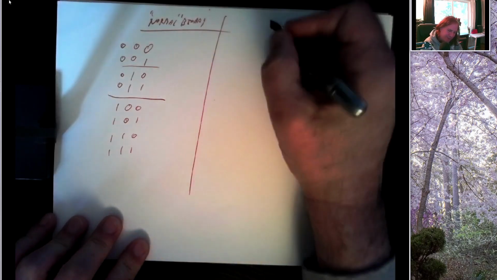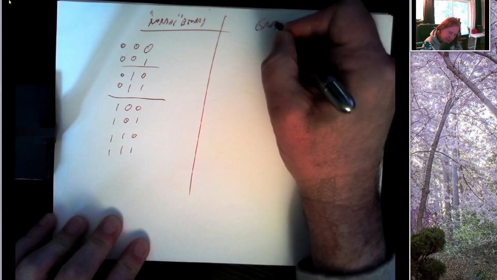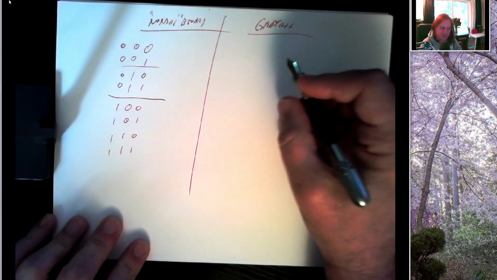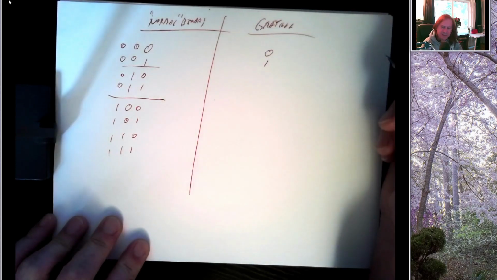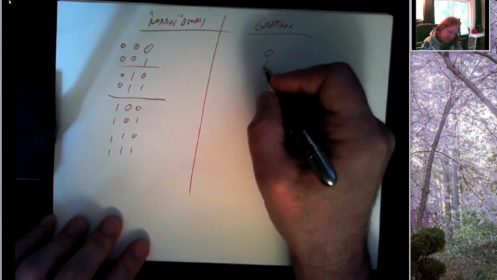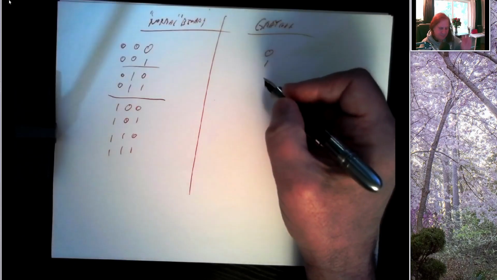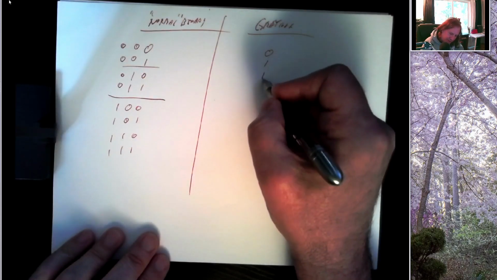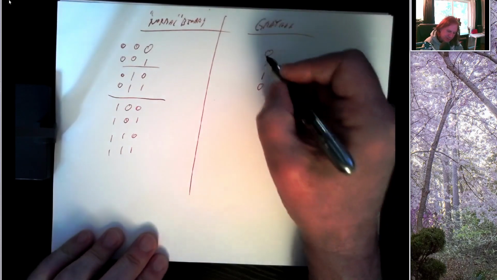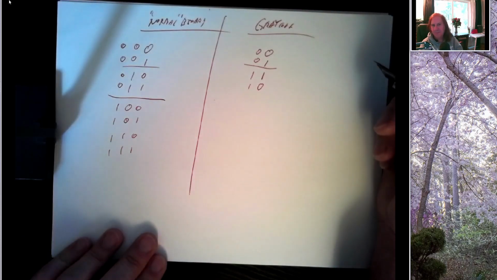Alright, if we want to do this in gray code, it's almost the same process. There's one small twist. Start off with our 1-bit numbers. Okay, if we want to write 2-bit gray code, we take this, but instead of just copying it, we reflect it. Instead of 0, 1, we write down 1, 0. And we put zeros in front of the top and ones in front of the bottom.